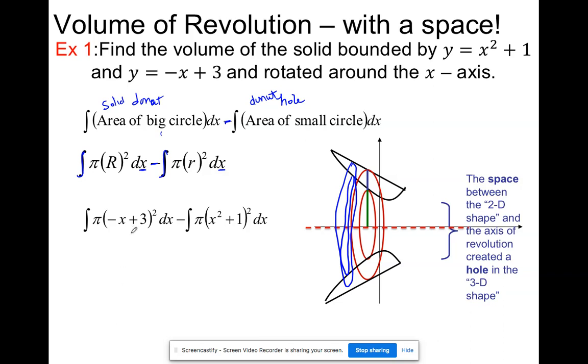So my big radius came from the line. The top of the big radius was the line. So that's negative x plus 3 squared. And the small radius came from the curve, x squared plus 1.